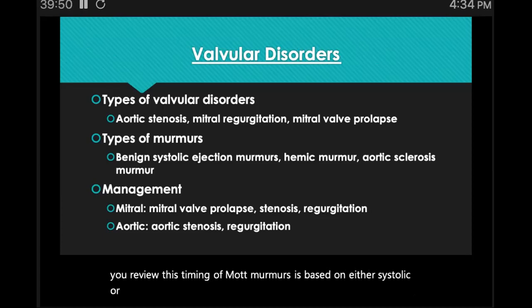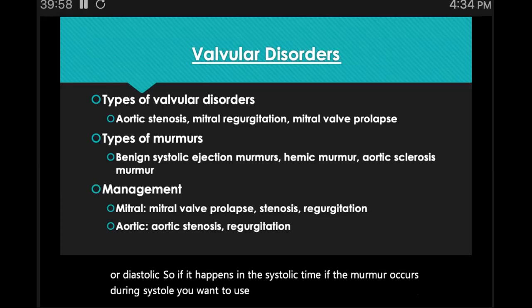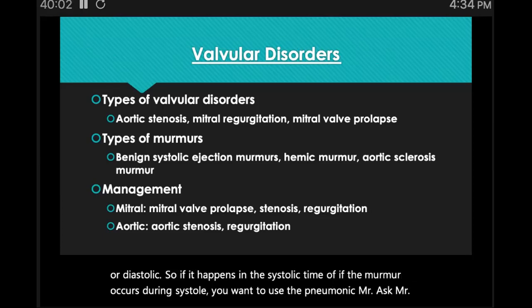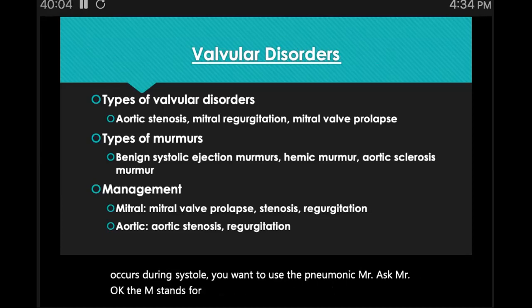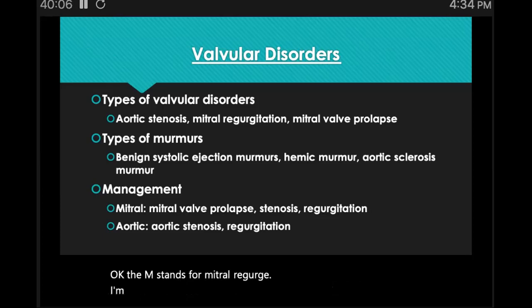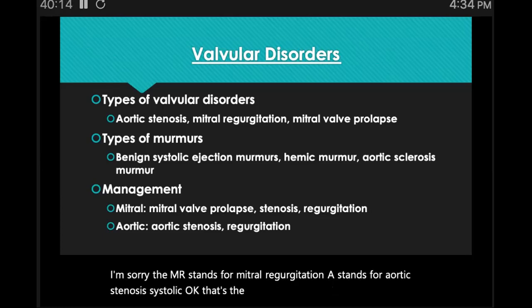So if the murmur occurs during systole, you want to use the mnemonic Mr. ASS, okay? The MR stands for mitral regurgitation. The A stands for aortic stenosis. That's the mnemonic for systolic murmurs.